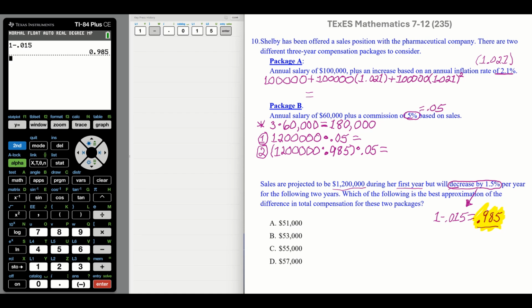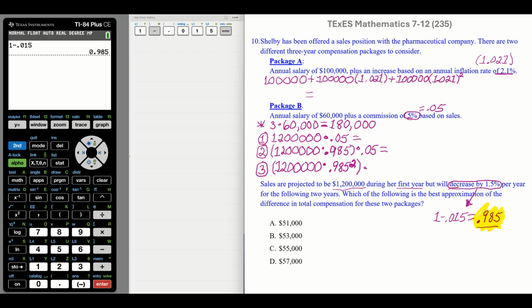Okay, on year 3, what are we doing? On year 3, we are going to take a decrease of our decrease and then times the 5%. So how can we handle that? Easy. That will be 1, 2, 3, 4, 5 times the decrease, but to the second power.